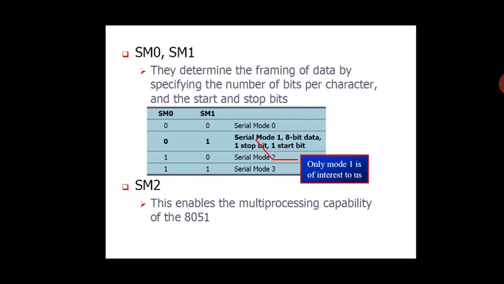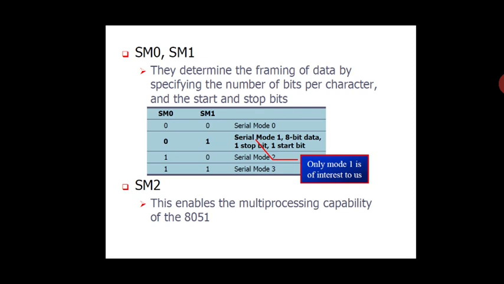If 01, you are operating in mode 1, the most used mode, indicated with 1 start bit, 8 data bits and 1 stop bit. 10 is serial mode 2, 11 is serial mode 3, and SM2 enables the multiprocessing capability of the 8051.